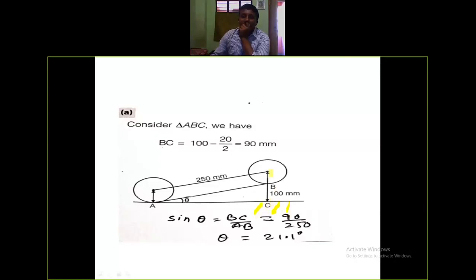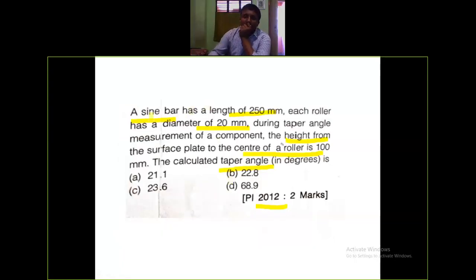The distance from the surface plate to the center of the roller is given as 100. So what will be sine theta as per this particular figure? It will definitely be BC by AB, and the length is given as 250 mm. Just if you look at the question, the length is given as 250.